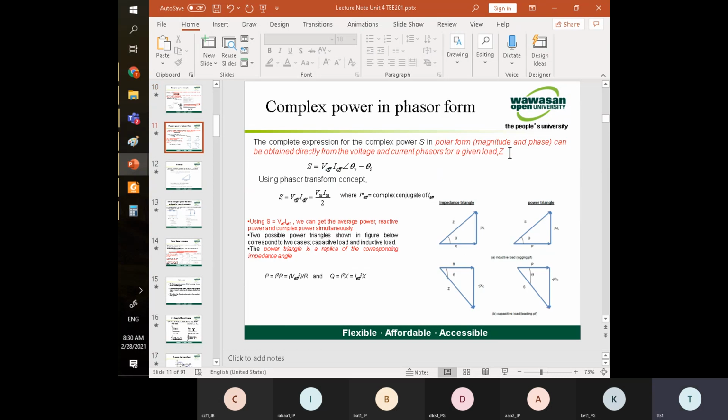Now take a look here. When it comes to complex power, when the angle is a positive angle, you can tell this is the true power, or real power, and then we have some reactive power here. Why do we call it positive?